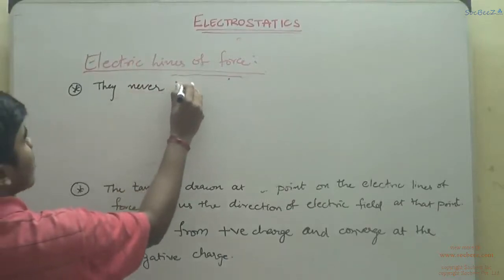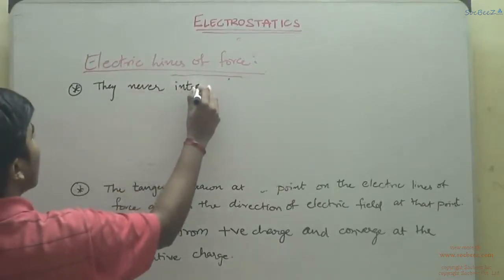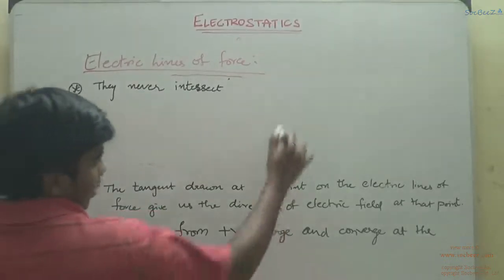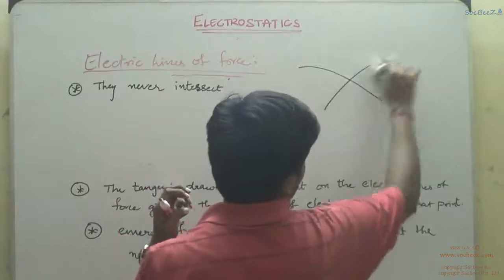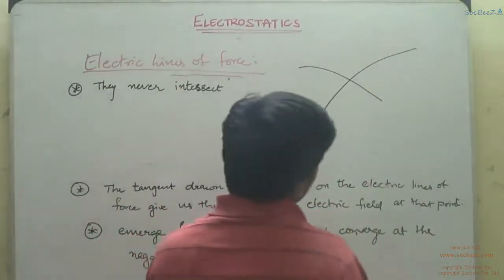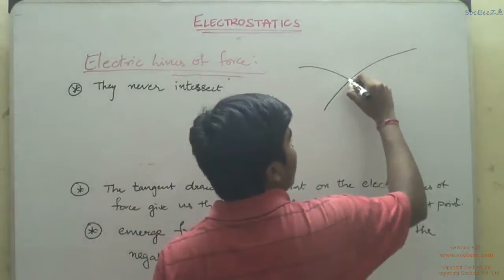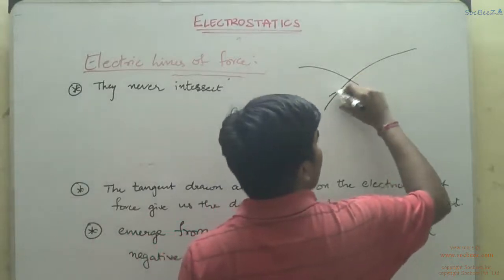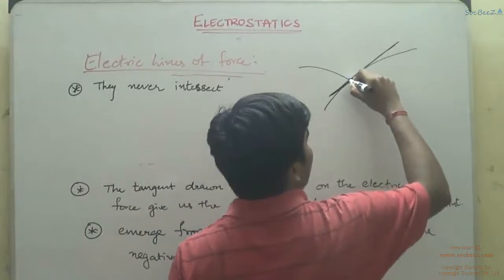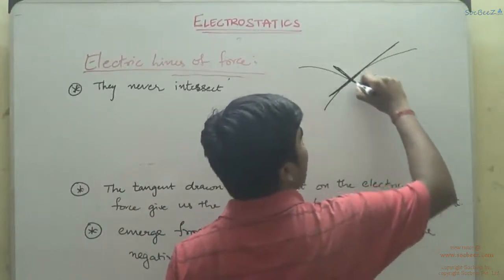Right? Yeah. So the next point is that the electric lines of force never intersect. But why do they not intersect? See, consider that these are two electric lines of force and they are intersecting. So what would that mean? It would mean that the electric field at this point is in this direction, and similarly the electric field at this point is in this direction.